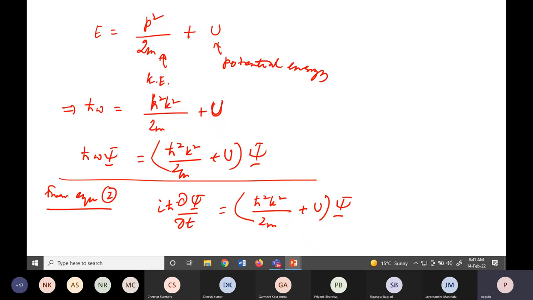So this is the Schrodinger equation. Let me just arrange it a little bit. Minus h line square over 2m del 2 psi del x2, and psi, we are assuming psi is a function of x and t.